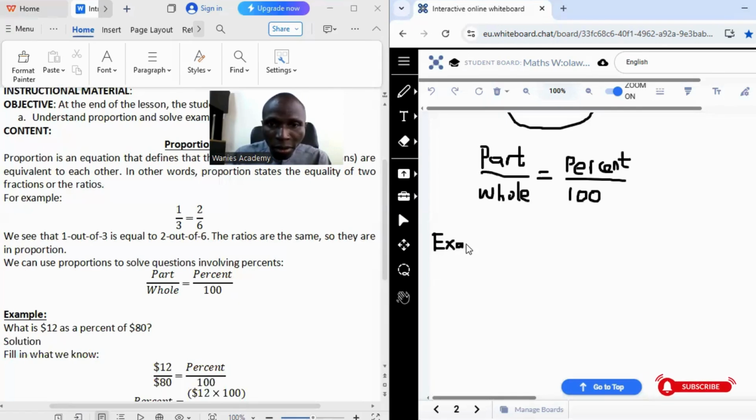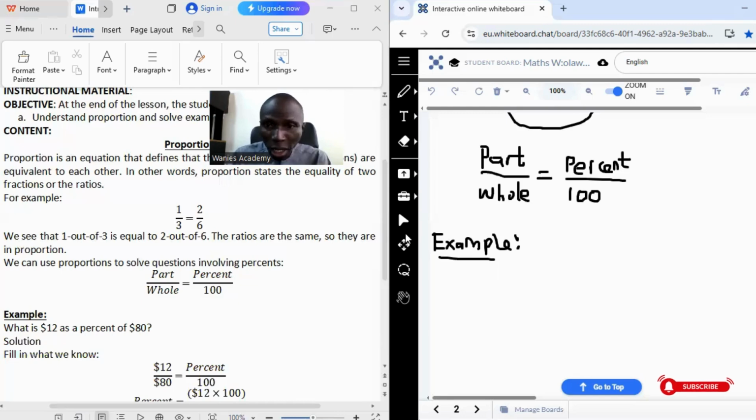Let's solve this example. In this example, we have: what is $12 as a percent of $80? So what we have to do here is to fill in what we know.